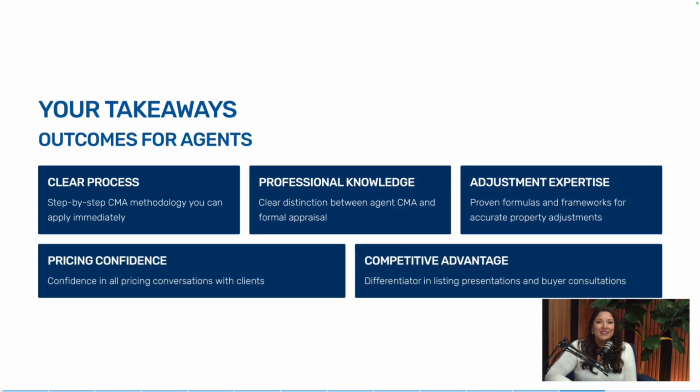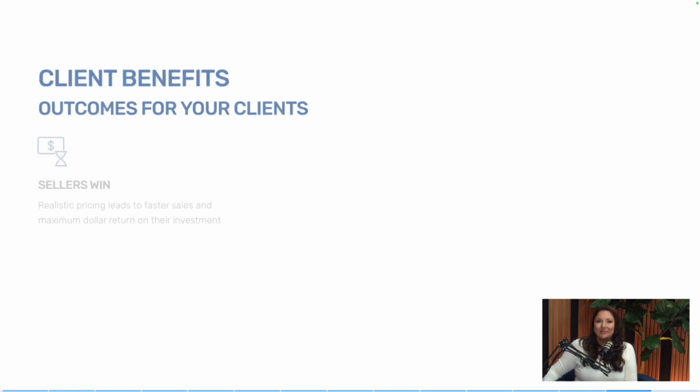Okay. So outcomes for agents, here's what you walk away with: a step-by-step CMA process, a clear explanation of CMA versus appraisal, adjustment formulas you can use today, confidence in pricing conversations, and a competitive edge for your listing presentations.